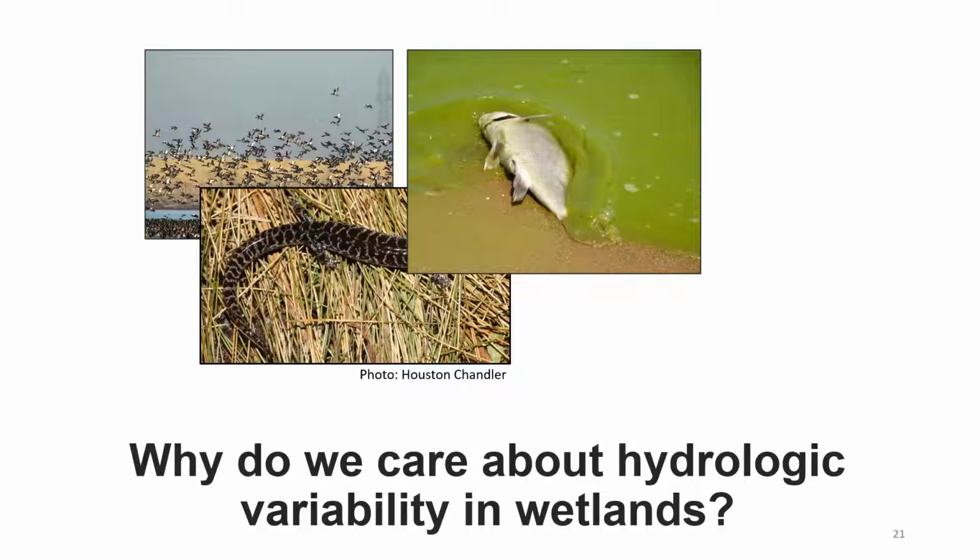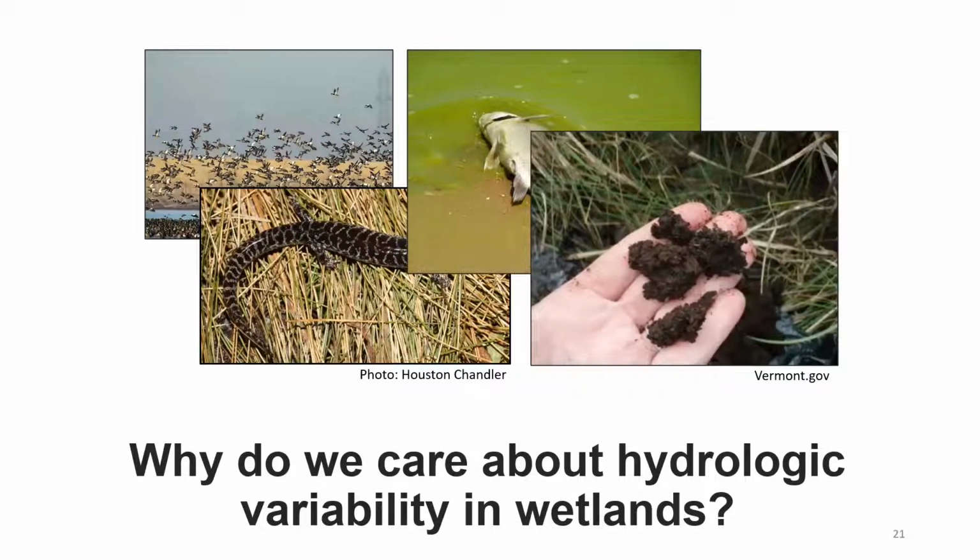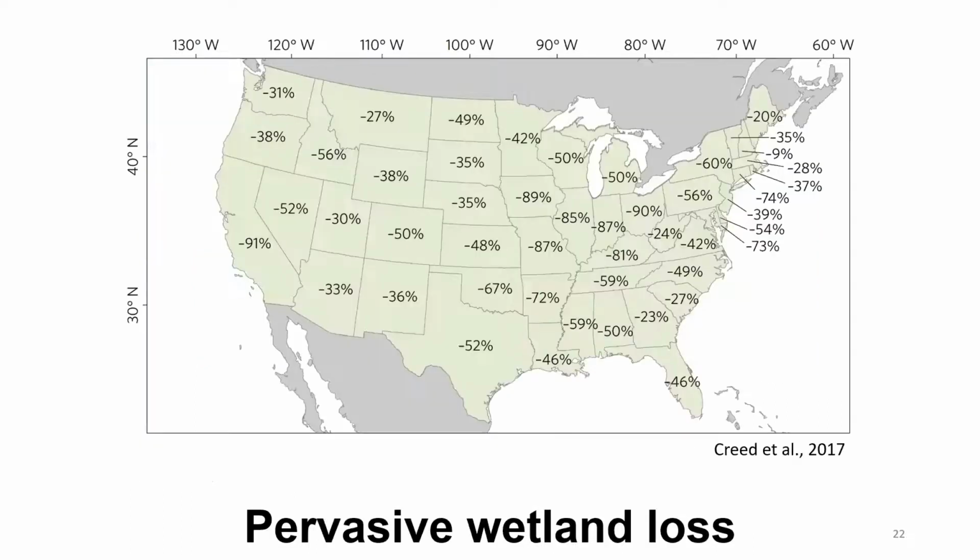On a per area basis, you don't get more bang for your buck than a wetland. And finally, for those of you who care about carbon cycling, wetlands are oftentimes huge sinks of carbon. Although, as we'll talk about in a little bit, they're also a big source of carbon, and that's a huge gap in our knowledge of global carbon cycling.